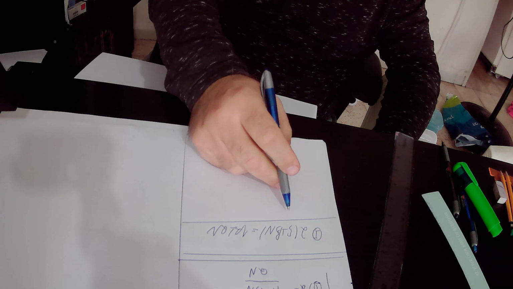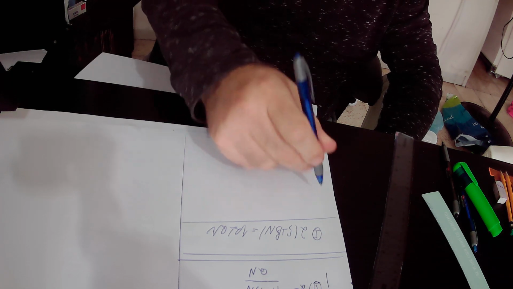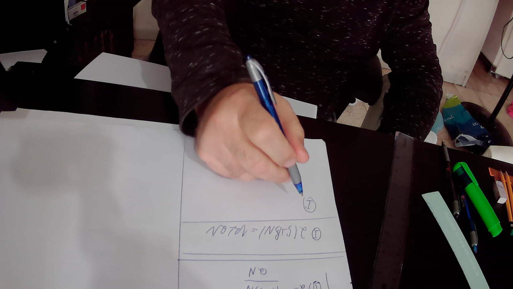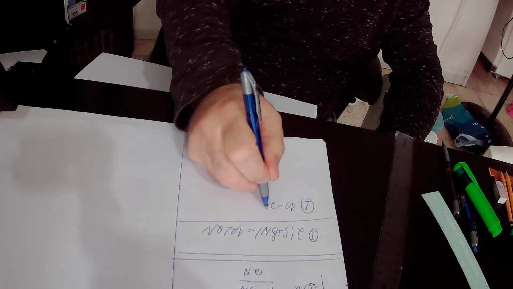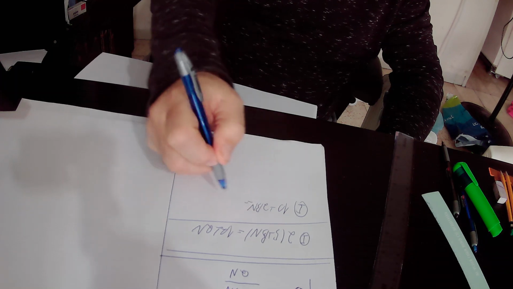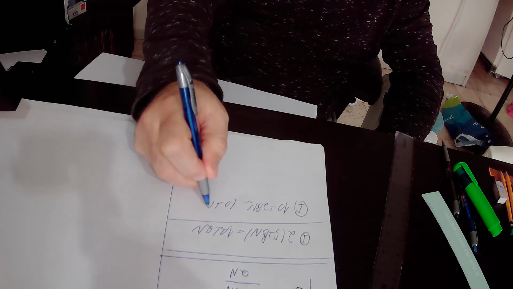Here we open the brackets on this side of equation number 1, and we get that 2 times 5 is 10, plus 2 times BN is 2BN, equals 10 plus QN.